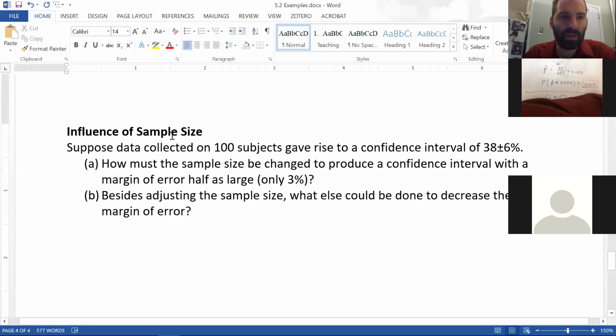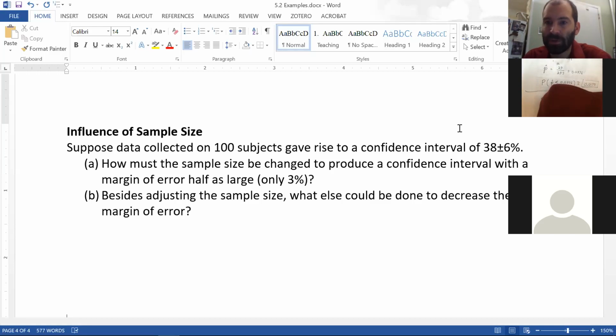Okay, so suppose data collected on 100 subjects gave rise to a confidence interval of 38 plus or minus 6%. Okay, so 38% plus or minus 6%. How must the sample size be changed in order to produce a confidence interval with a margin of error half as large?